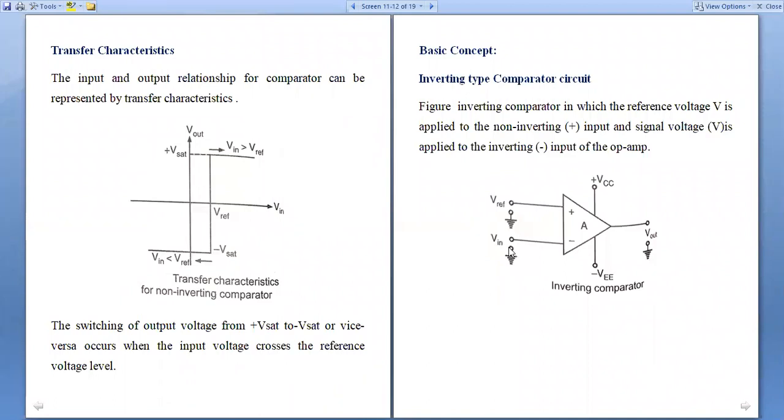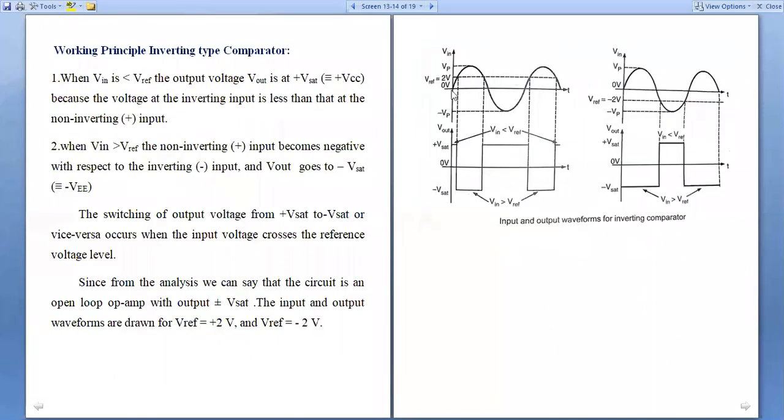A time varying pulse, in this case a sinusoidal pulse, is applied as the input, and here we can see a positive peak and also a negative peak. Now if we observe the reference voltage, here the reference voltage is minus 2 volts.